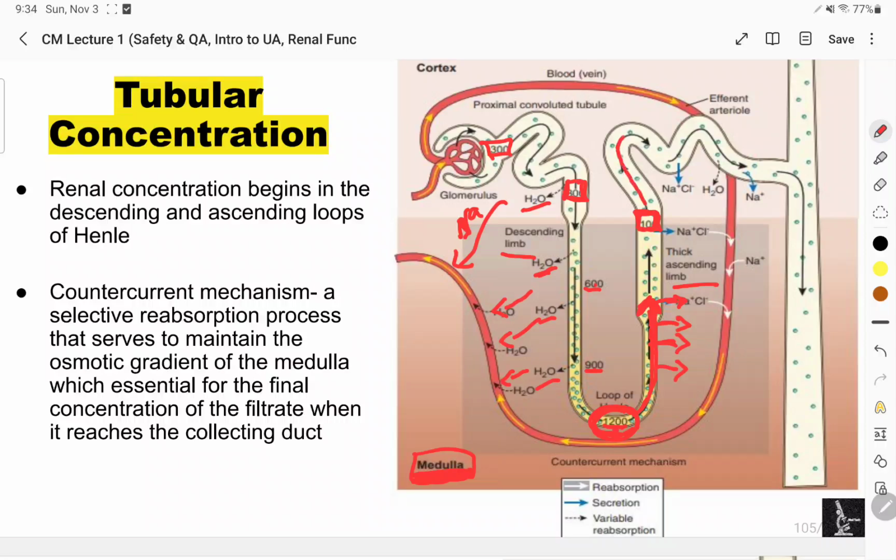So niagi siya dinhi pag-abot na sa DCT, wala na siya kagawas. Pag-abot na diri dapit sa collecting ducts, diri na nibalik og gawas si water. Okay? So this is important for the concentration of your urine.